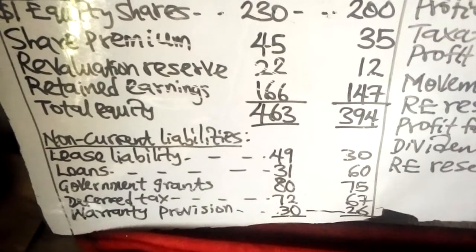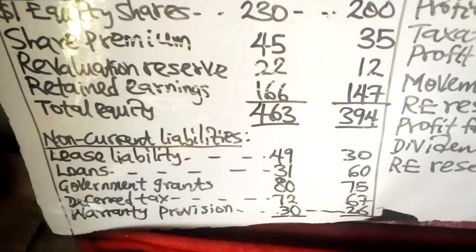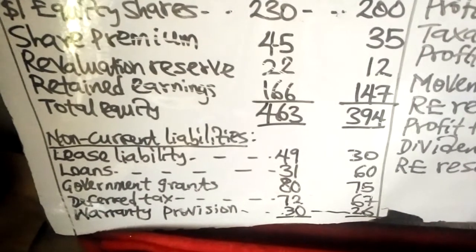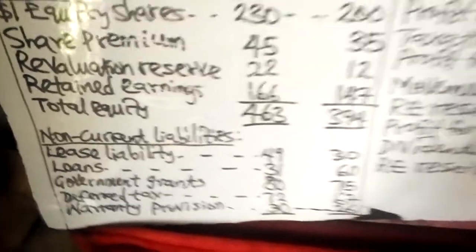Government grant, the closing is 80 while the opening is 75. So you will also add the closing. That means we want to add the two closing balances: the one under current liability, which is 10, and the one under non-current liability, which is 80. So we add the closing balance.